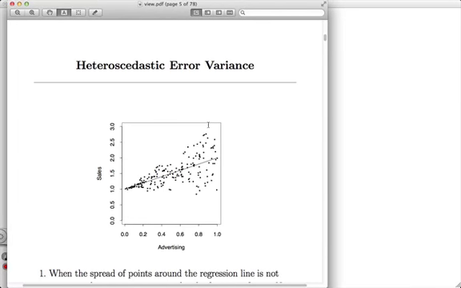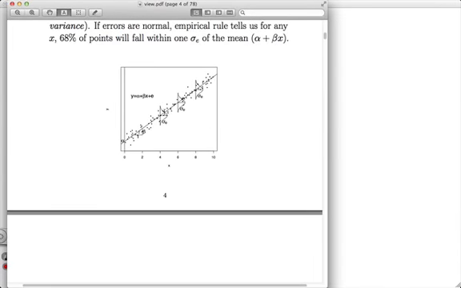Here's an example scatter plot where you do not have this constant variance. Remember what I said here: these normal distributions all share a common standard deviation. It doesn't change depending on x.